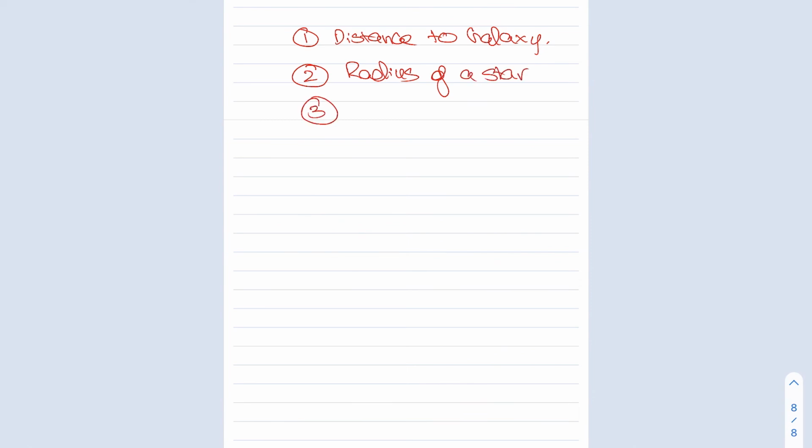Number 3 is Hubble's law. Number 4 is the Big Bang theory, and the Big Bang theory and Hubble's law are very closely linked, along with some other stuff linked to the Big Bang theory. So we are done with the first subsection, which was finding out distance to the galaxy and other stuff like standard candles and Cepheid variables linked to this subsection.